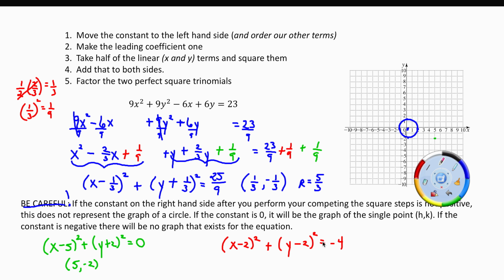Oh, an imaginary radius? No graph exists. So be aware of that, right? You have to have a positive value for your radius. If you get a 0, it's just a point. If you get a negative value, no graph exists.